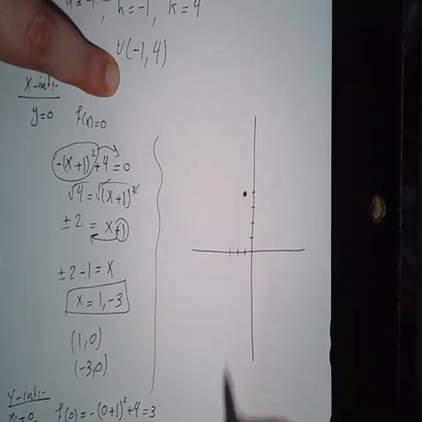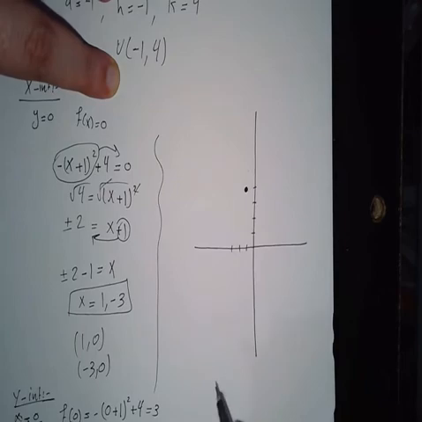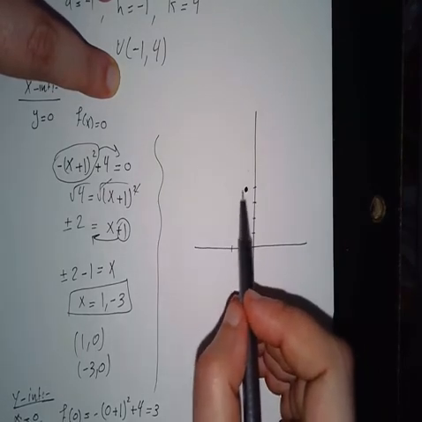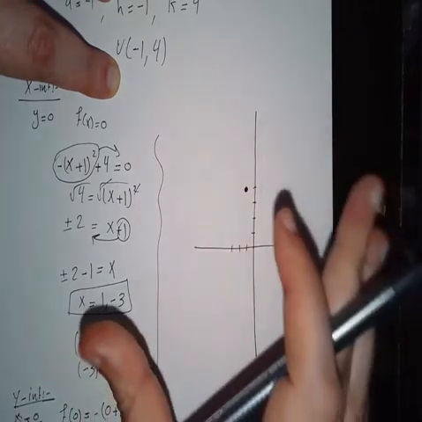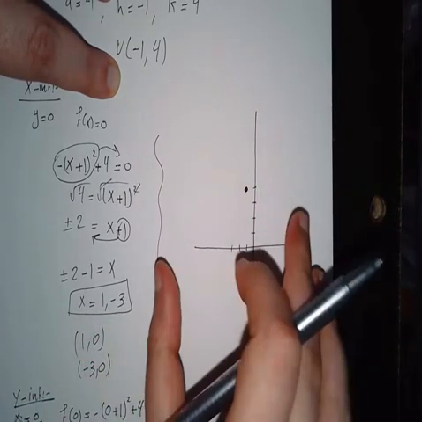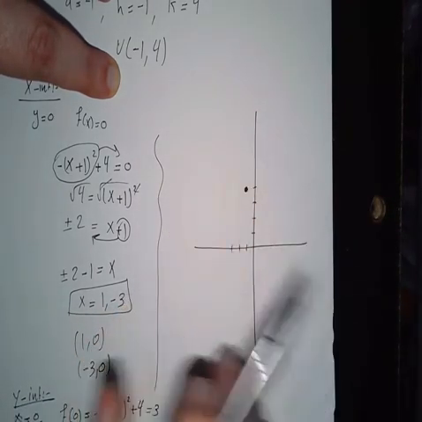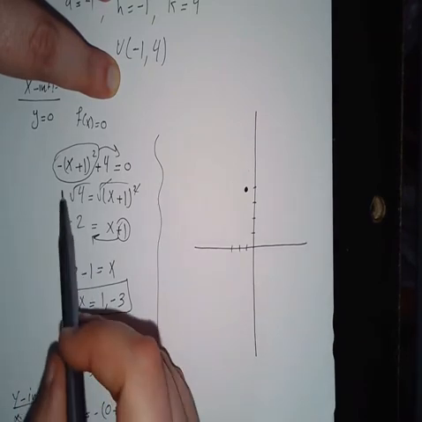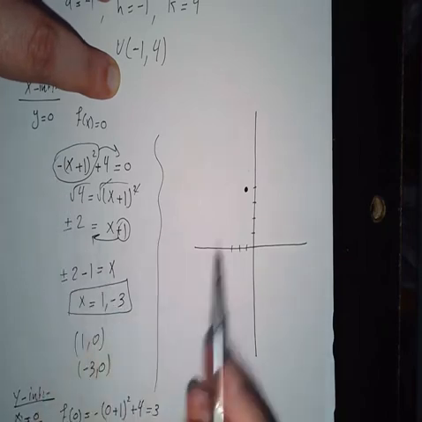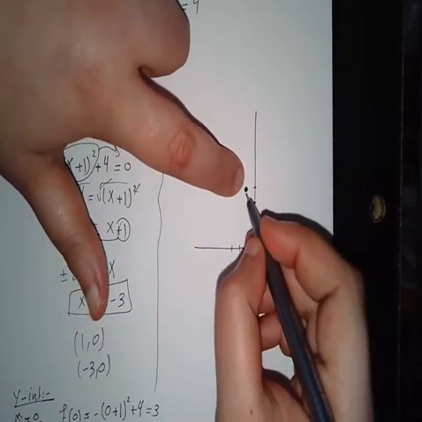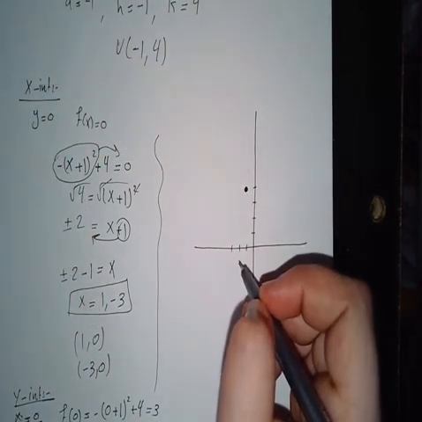This right here is my vertex. Now, the vertex being all the way up there tells you it's either a really big function that doesn't intersect x, but we know it does, or the fact that it goes downwards, which is the case. And that kind of makes sense since the function is multiplied by a negative on the outside, right? So, this is my vertex point.